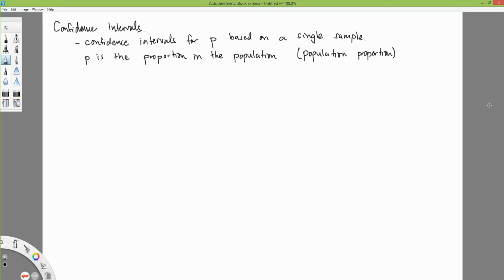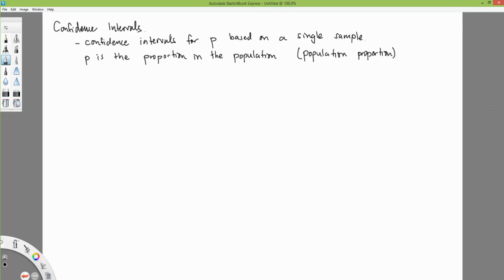If our sample is small, then we would expect there to be some kind of give or take, a little bit more leeway there, okay? And that's what a confidence interval is all about. We observe a sample, and based on the sample, we want to say something about the proportion in the population.